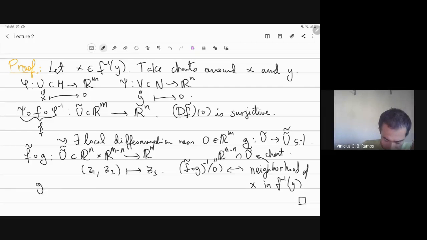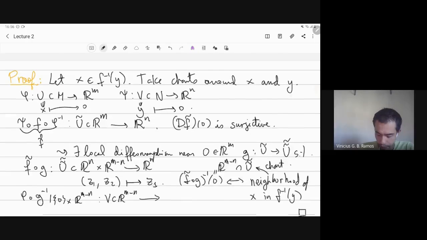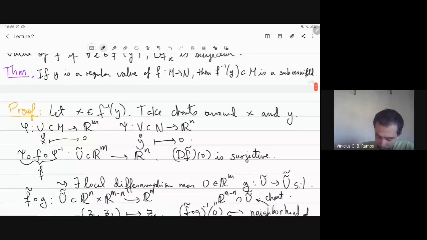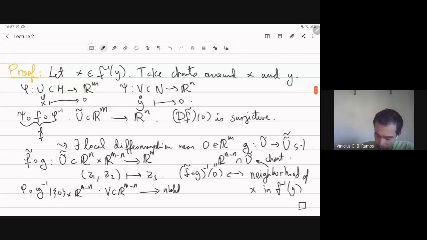Okay, sorry. If you take G inverse, you restrict it to 0 times Rm minus n, and you compose with phi on the other side, that will take a little open set V in Rm minus n, and it maps it to a neighborhood of x in the preimage of y.